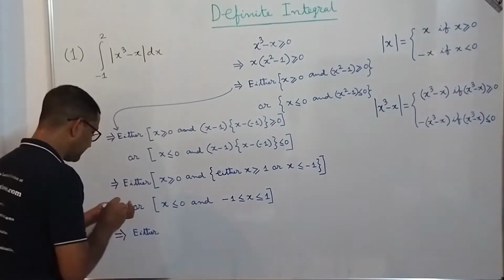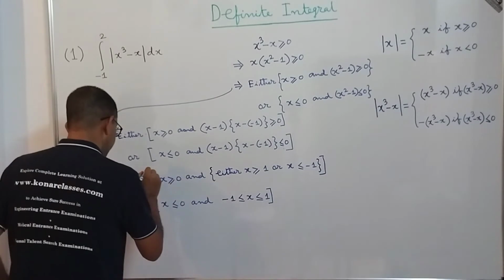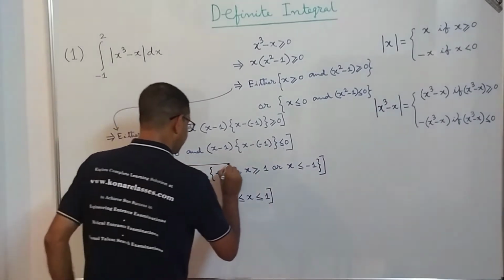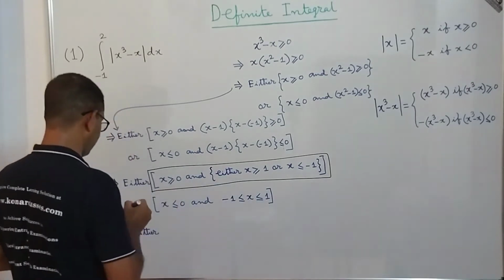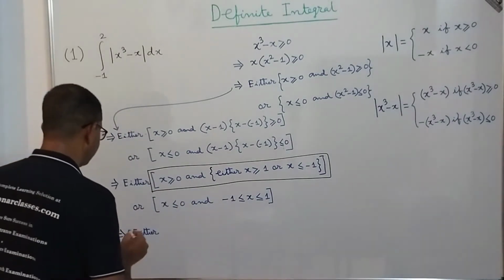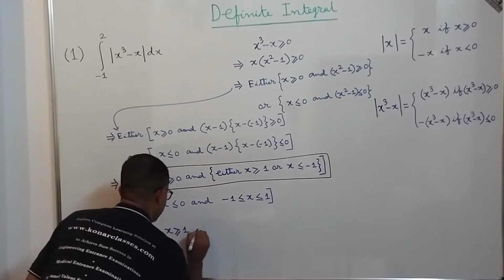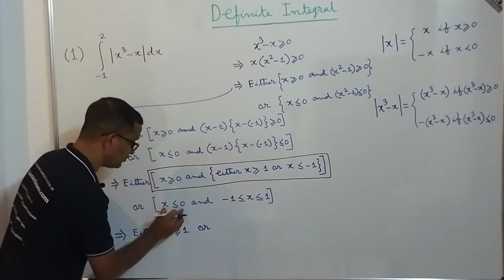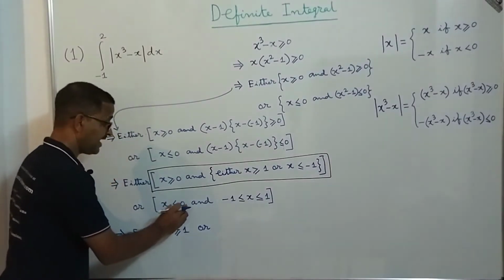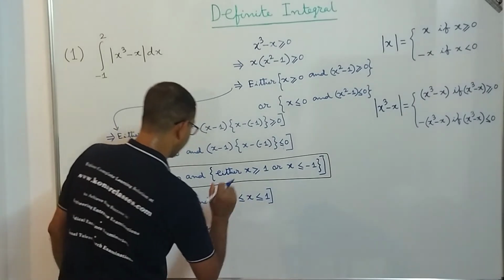So from this entire statement, what we get is that x is greater than or equal to 1. So we can write, either x is greater than or equal to 1, or x is less than or equal to 0, which has to be satisfied, and x is between minus 1 and plus 1.